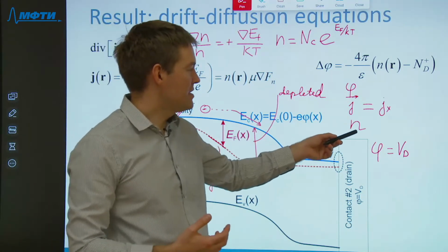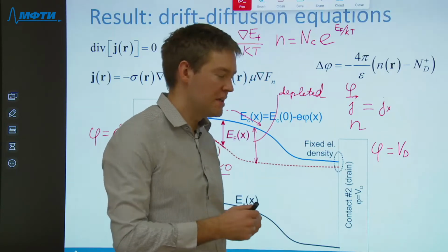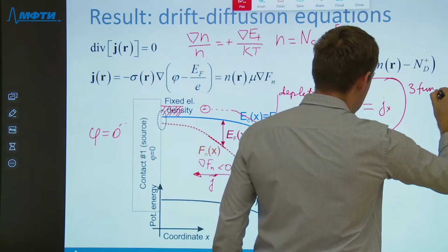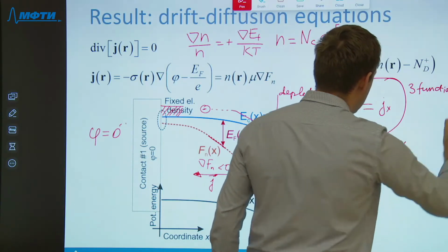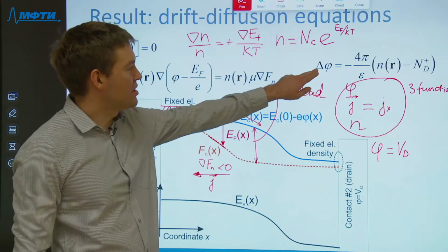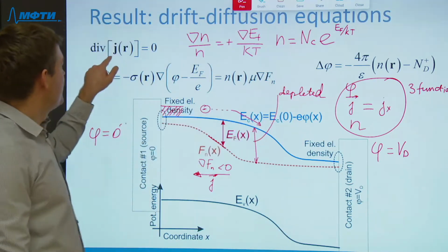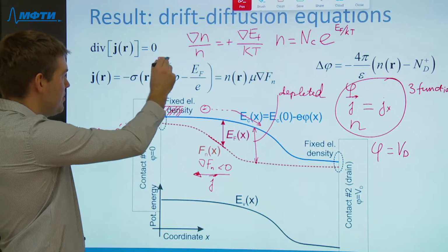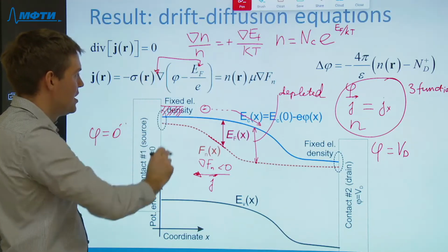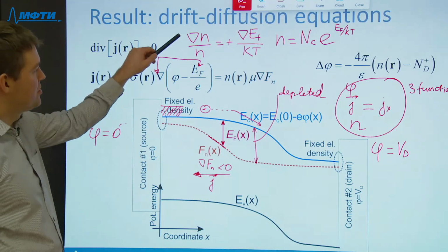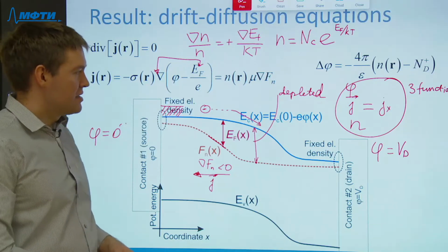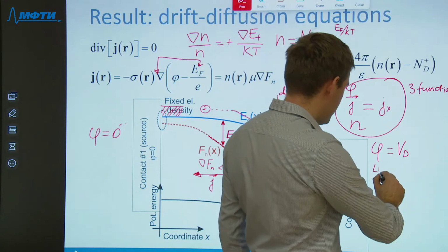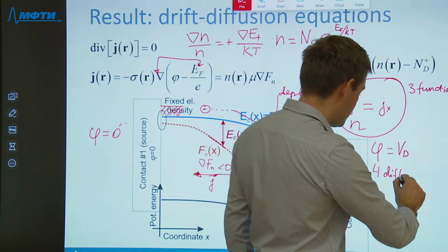So carrier density is also an unknown quantity. We have three functions. There is a second order differential equation for potential, a first order differential equation for current, and again a first order derivative for Fermi energy, but it is equivalent to the first order derivative in carrier density. So we have three functions and altogether four differential operations.